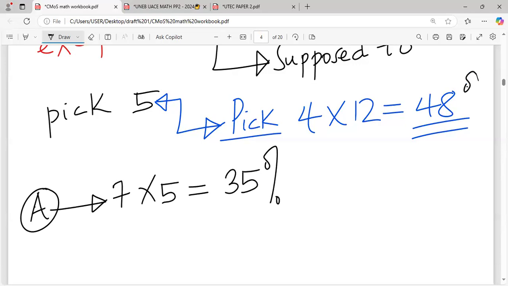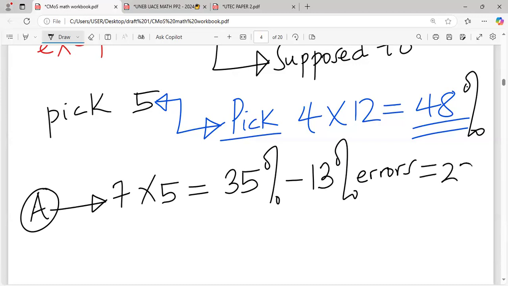This is 48%. Here we are going to remove 13 marks for errors. That is 22%. The balance, still you can get a 70.